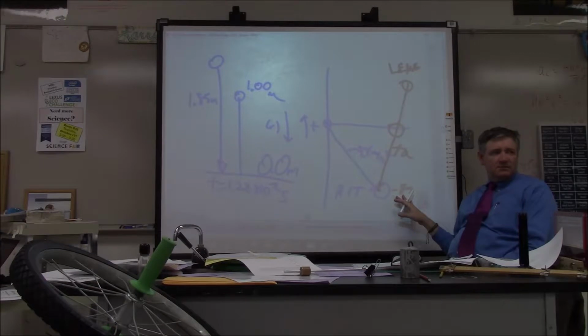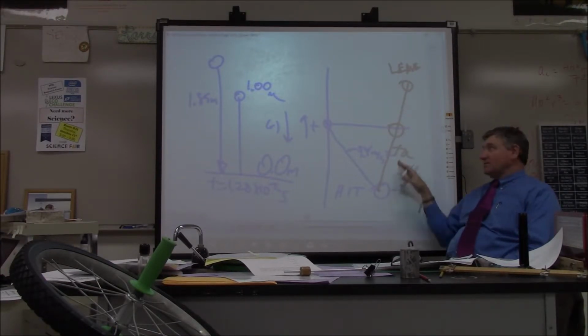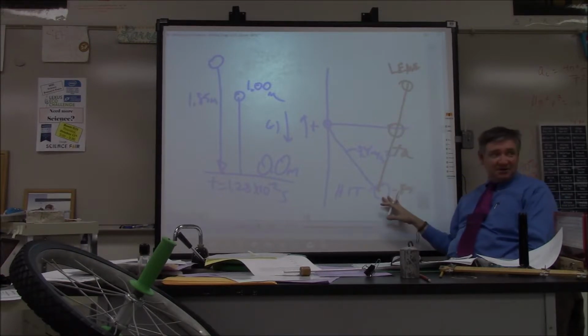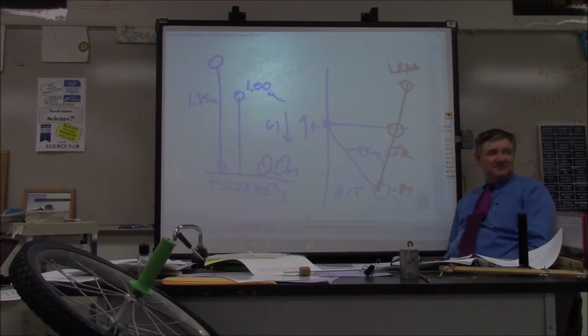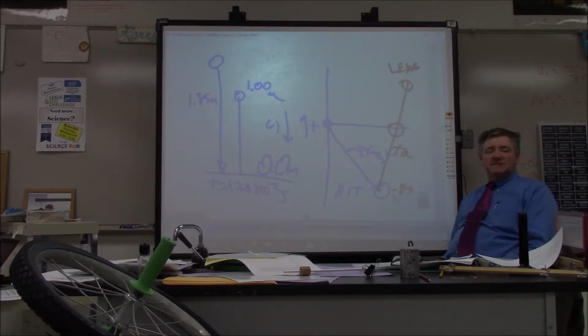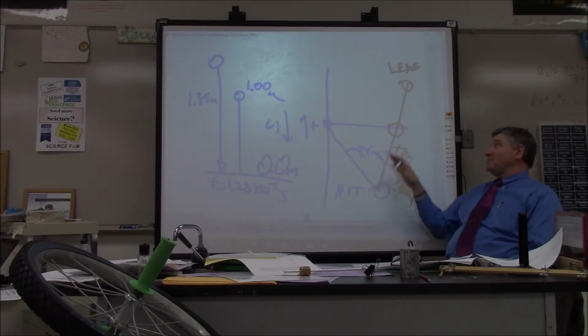Why smaller? Because some of the force is going to be lost when it hits the ground, so it's not going to have as much to push it back up. So maybe like 6?